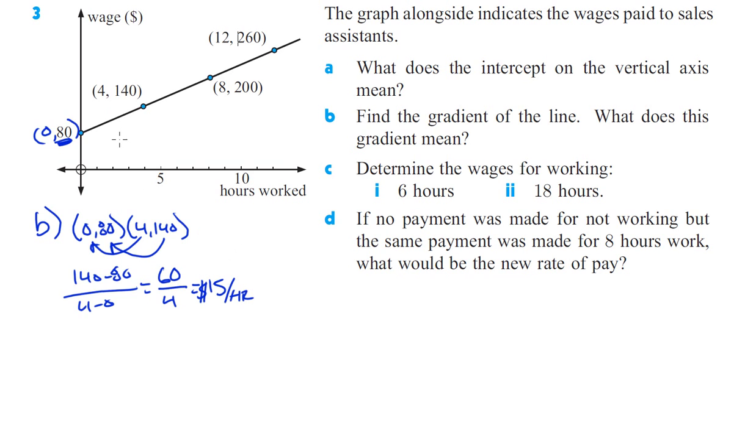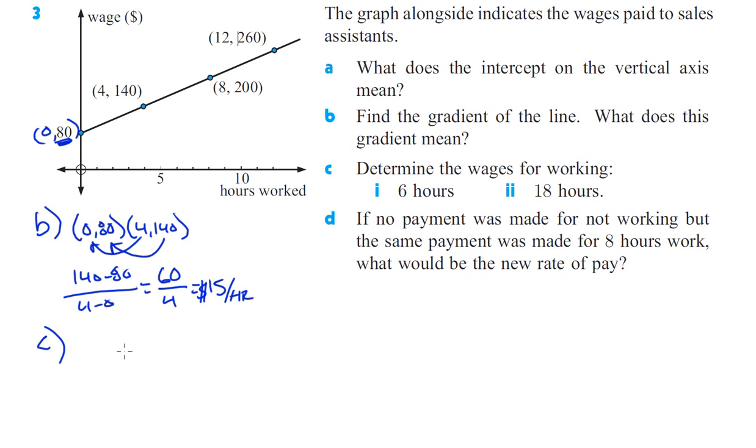A couple of ways you can do this. 6 is not on here, and 18 is going to be way out here, so we're not going to be able to use our graph too much. Our best bet is to actually find the equation of the line.